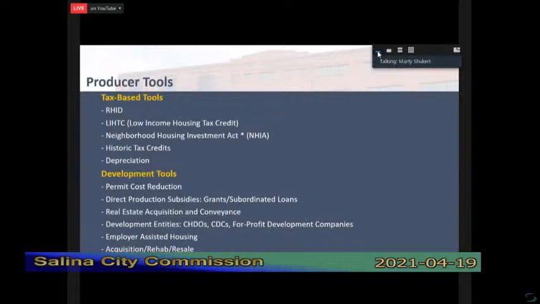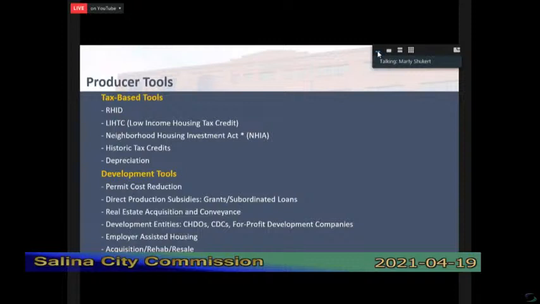So remember that NHIA. It is a good thing, and really has great applications for small cities and even rural communities. It's one of the few programs that wasn't done for big cities.